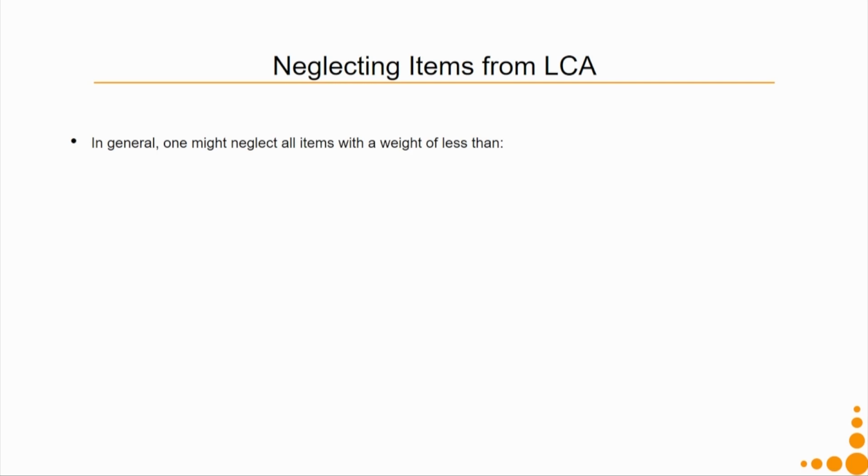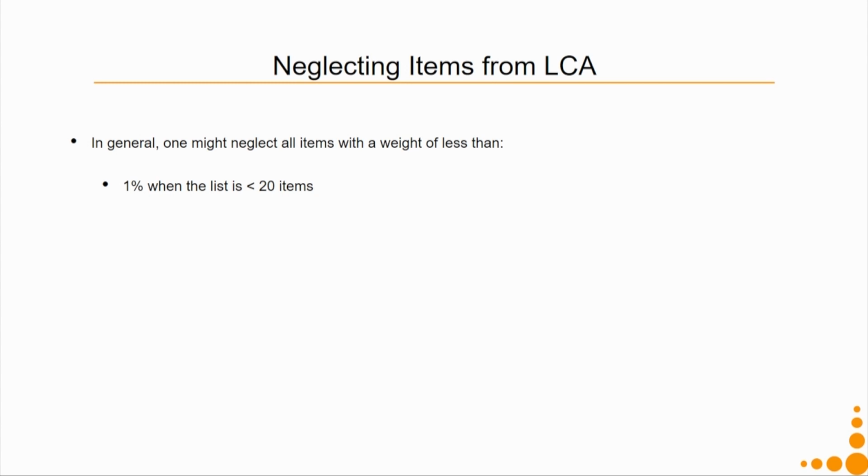In general, one might neglect all items with a weight of less than 1% when the list is less than 20 items. So, if your assembly is made up of less than 20 items, you can ignore products which weigh less than 1%, and the aggregate of these should also be less than 1%.